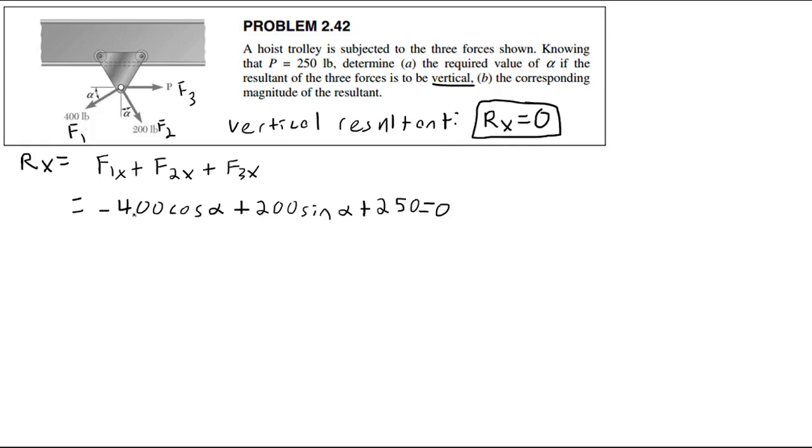Ooh, what a mess. Negative 400, this is gross.